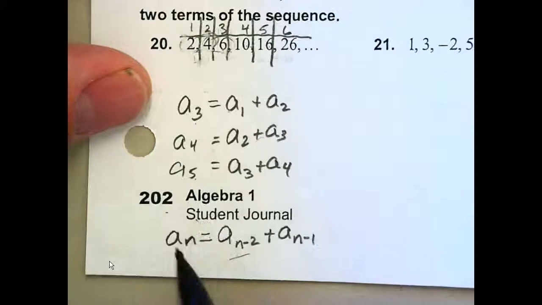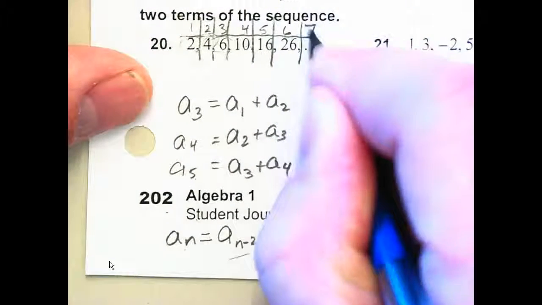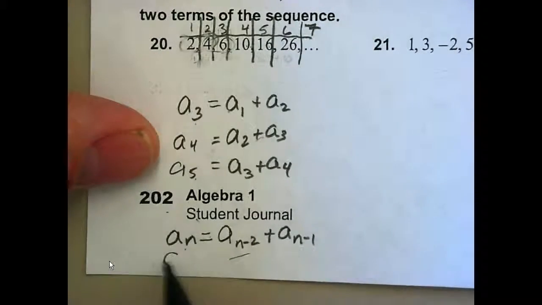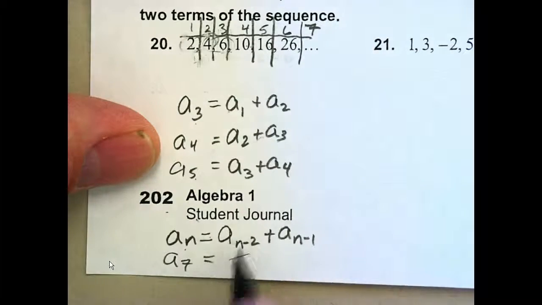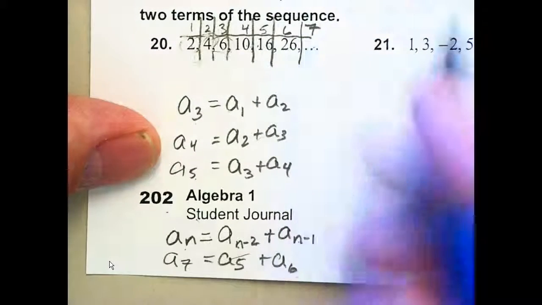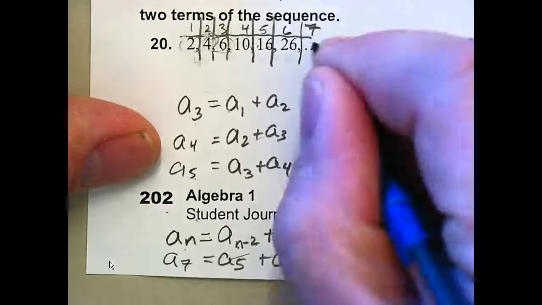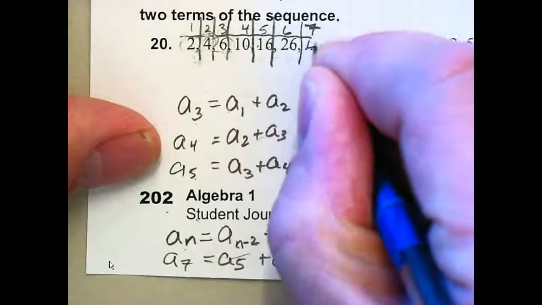Okay, this is saying if I want any specific term, for instance, I want the 7th term. Well, a sub 7 will be a sub n minus 2, or 7 minus 2, which is 5, plus 7 minus 1, which is 6. The 5th and the 6th give me, what is it? 42.